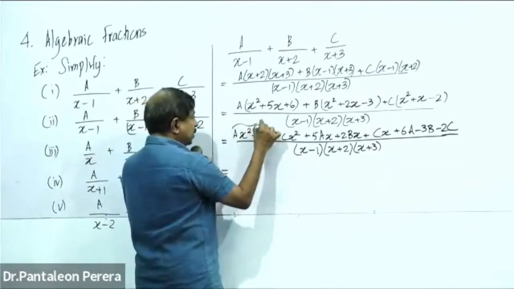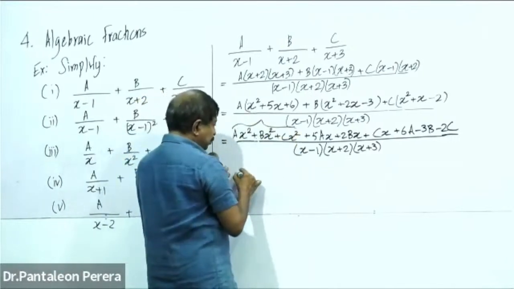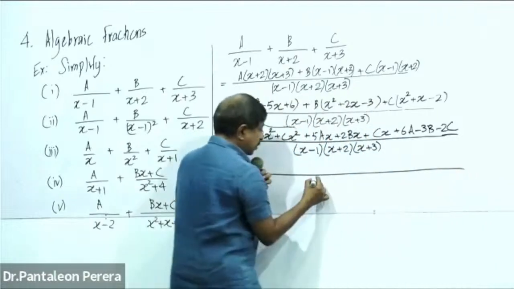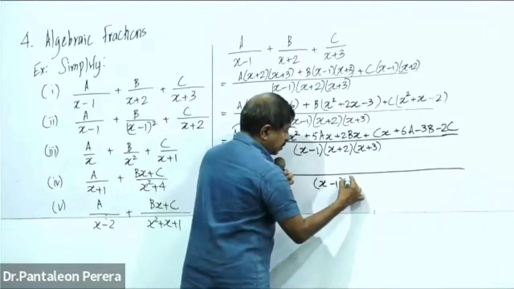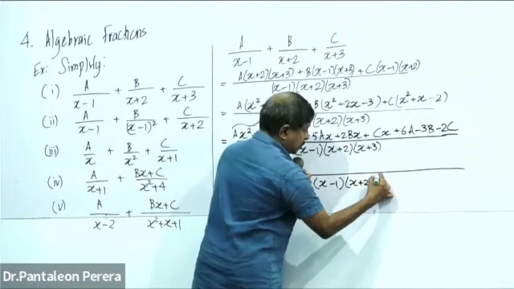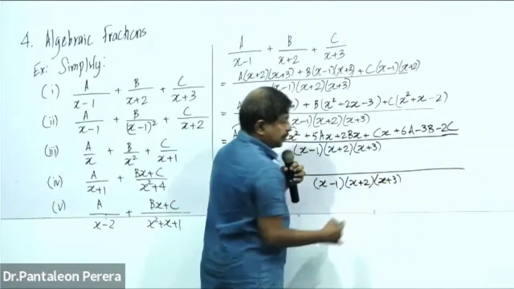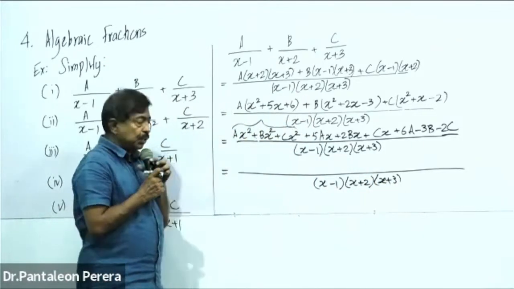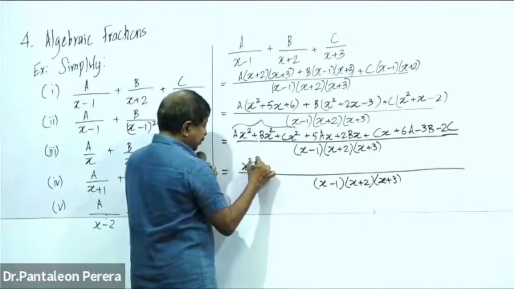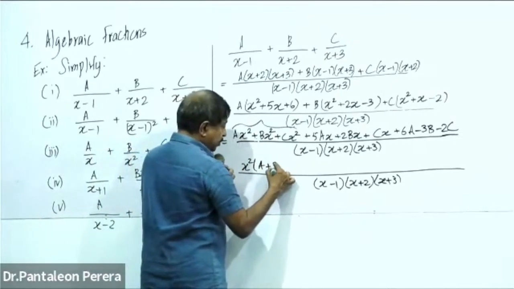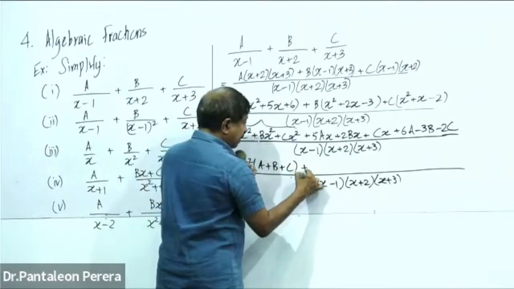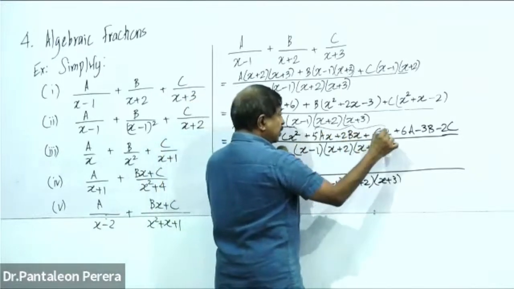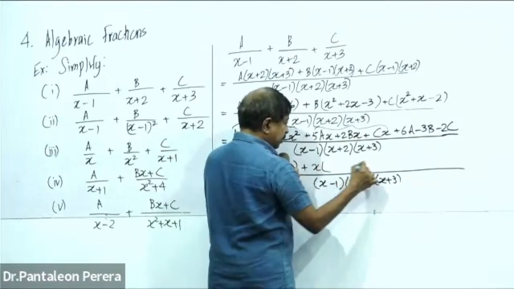Now from these three, you can pull out x squared. Right? From these three, you can pull out x squared. You get a plus b plus c. From these three, you pull out x.